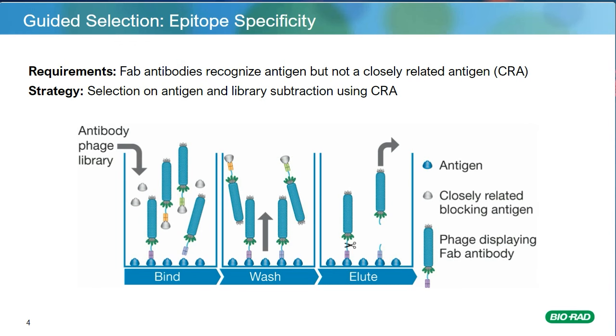So we performed our panning strategy exactly as described here, with the human protein acting as our antigen and the primate homologue as our closely related blocking antigen. This resulted in a successful project, generating antibody clones with high specificity to the human protein and no cross-reactivity to the primate version.